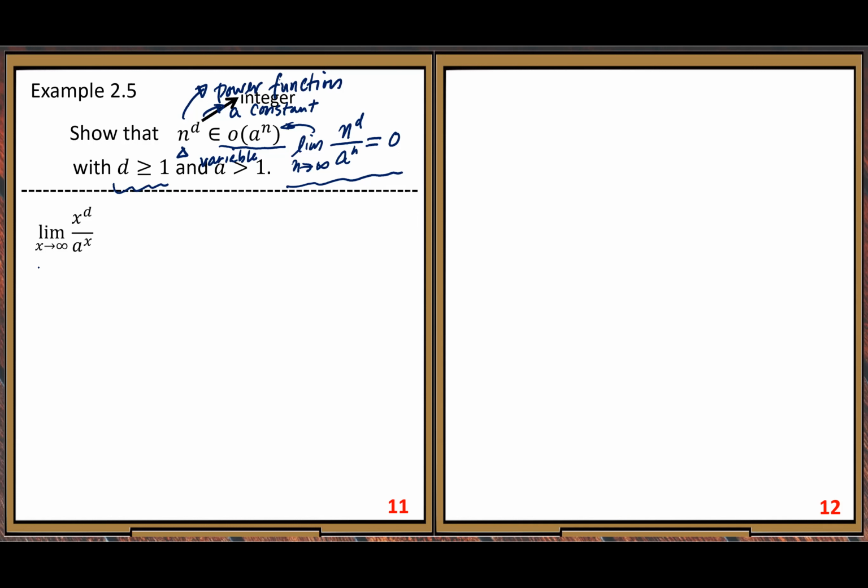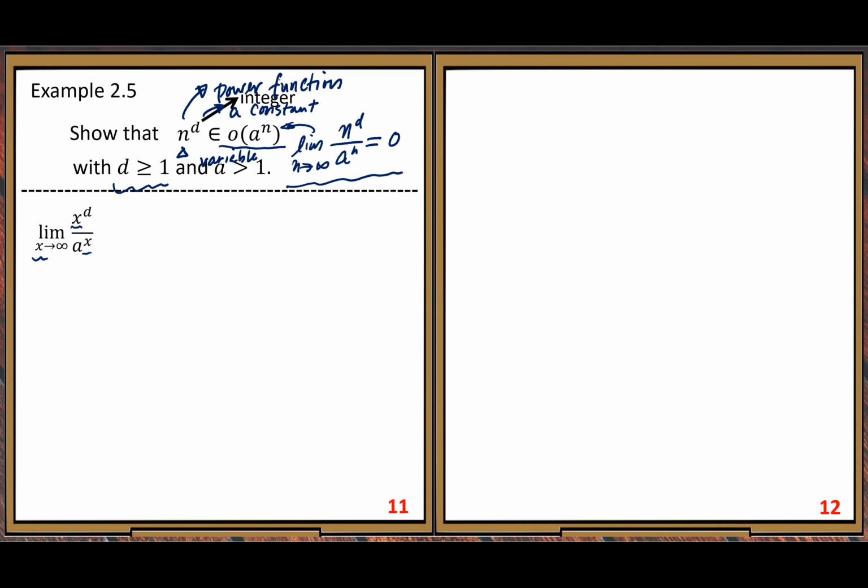Now we calculate this limit by L'Hopital's rule. You can see I change from n to x. The original question used n, positive integers, but here I change to x. Remember, we switch to a continuous variable.